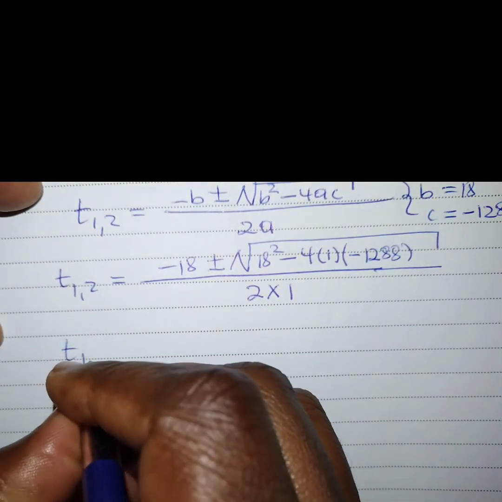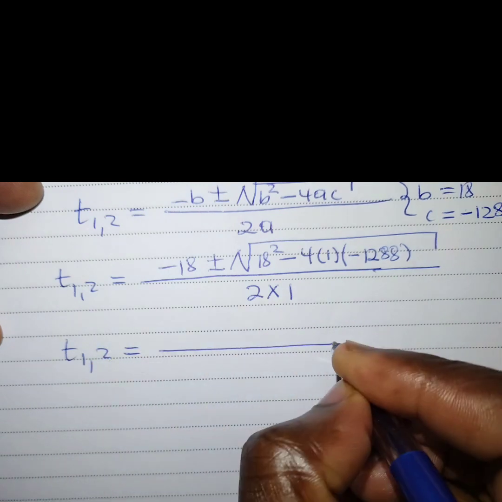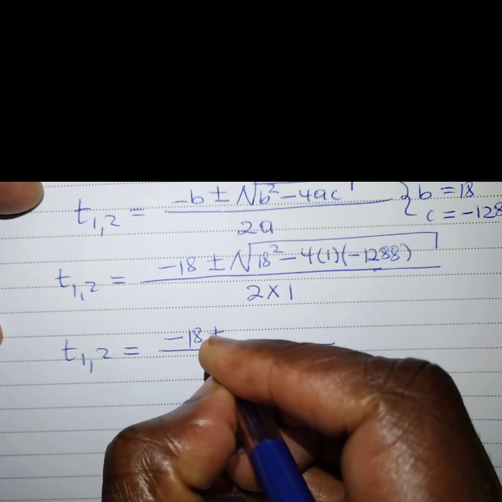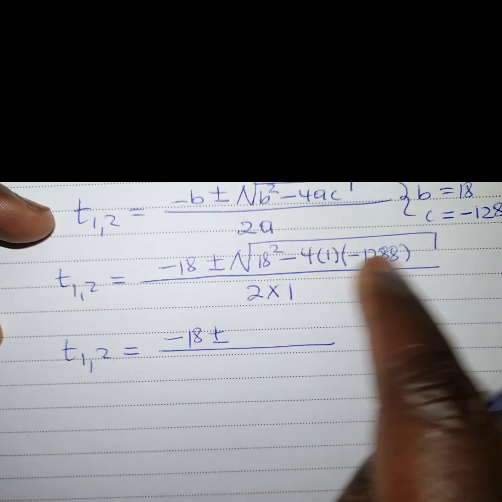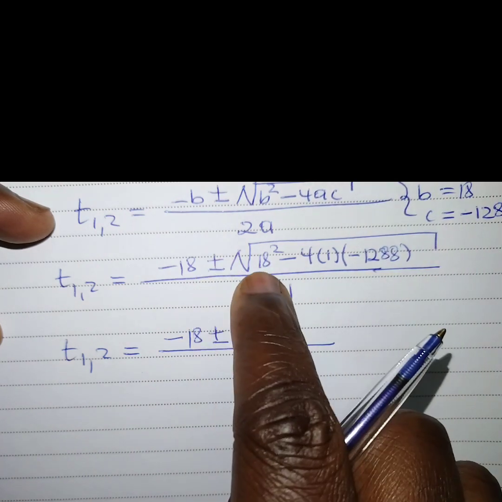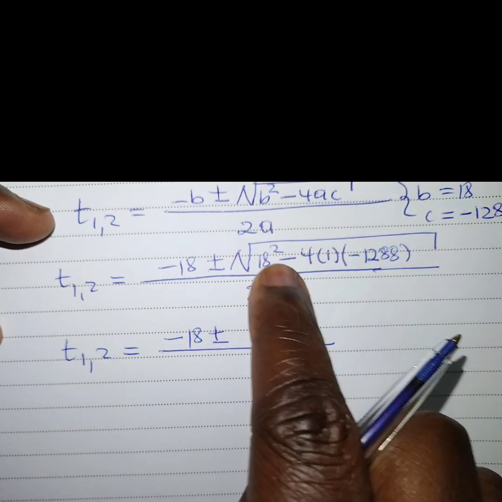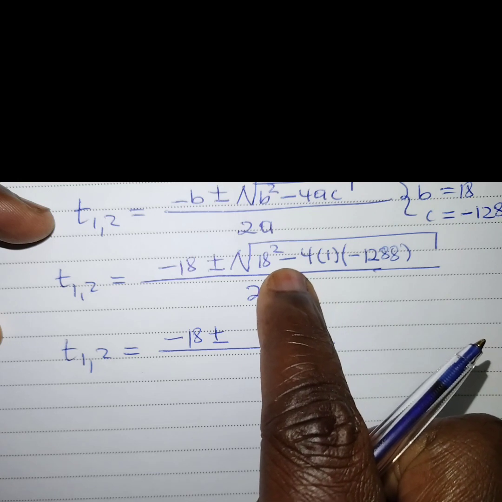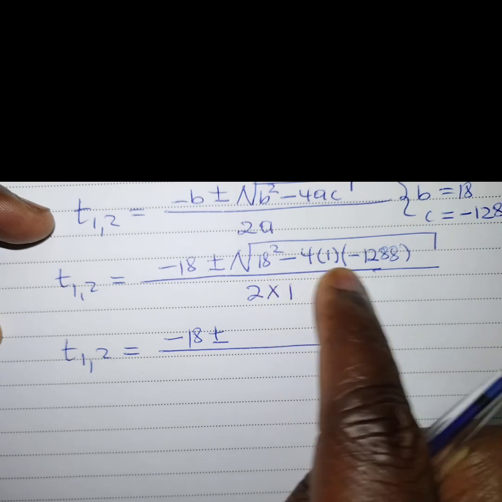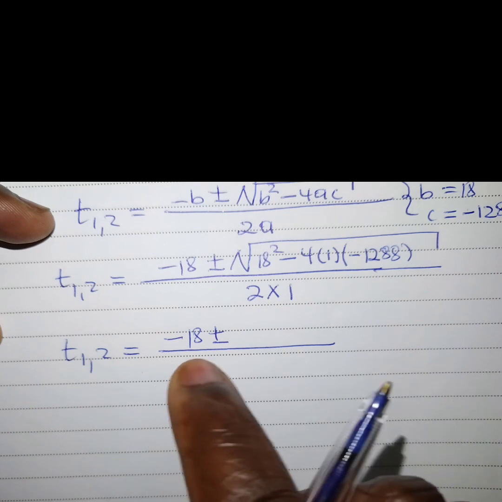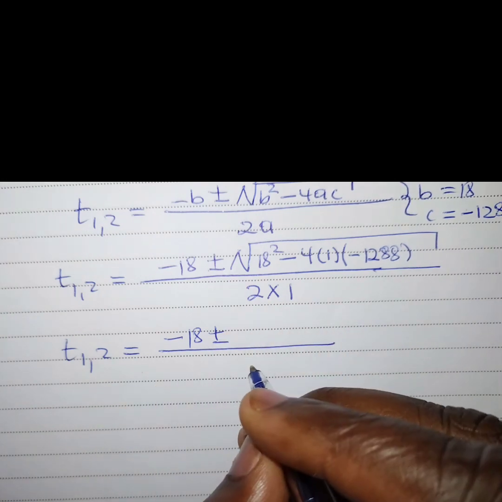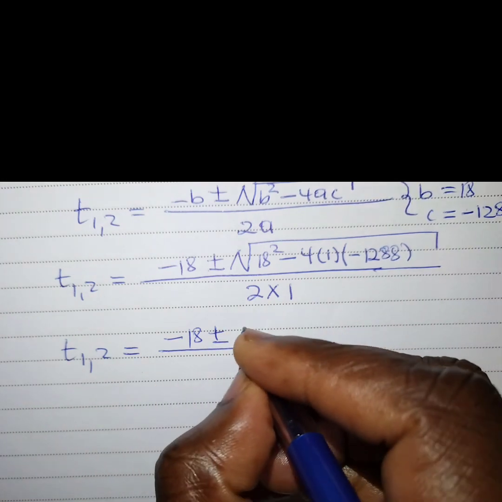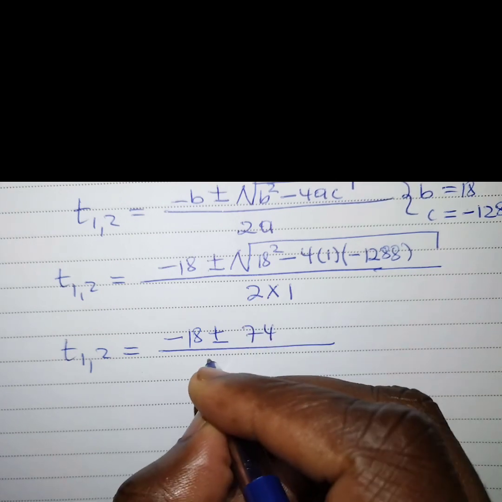Now t1, t2 will be equal to minus 18 plus or minus, using a calculator, the square root of 18 raised to the power 2 minus 4 into 1 into minus 1288. Using a calculator, ladies and gentlemen, this gives us 74 all over 2.